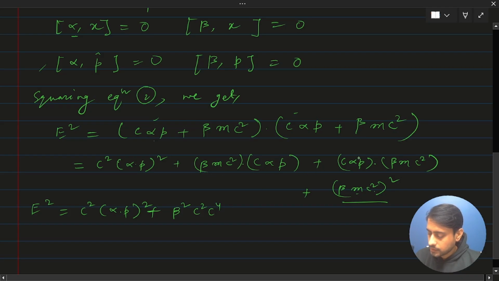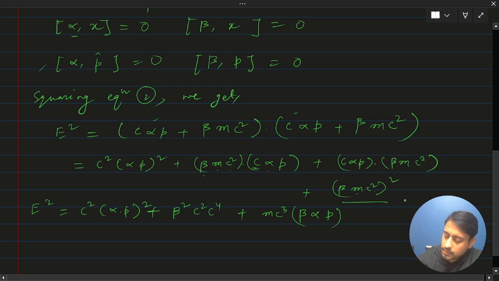Now taking these two terms, m is constant, c is constant, so let's take out all these terms: it will be mc cubed, and the terms which form the matrix multiplication will be beta into alpha p, and for this we have the same mc cubed, then alpha p and beta.